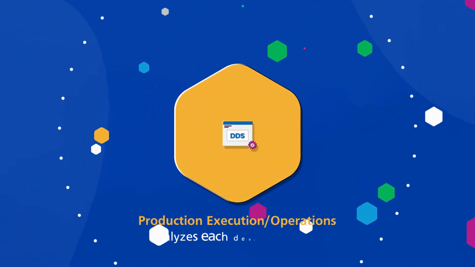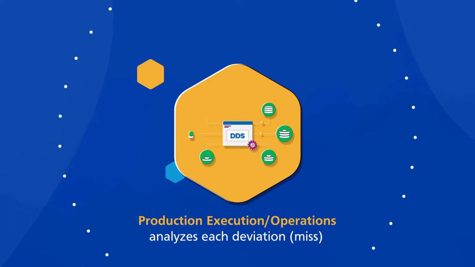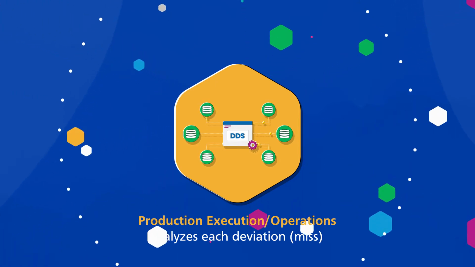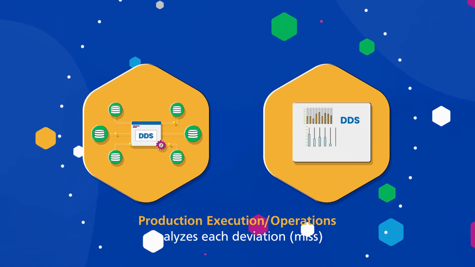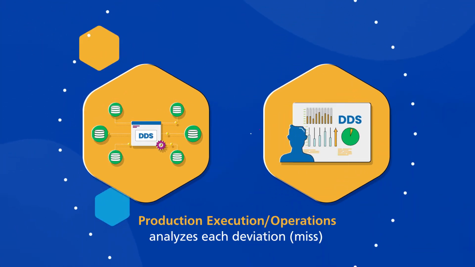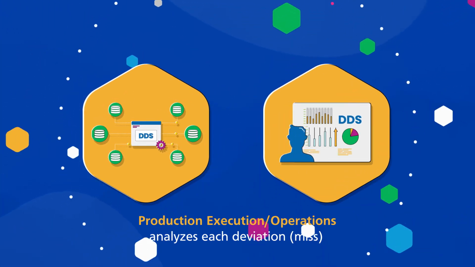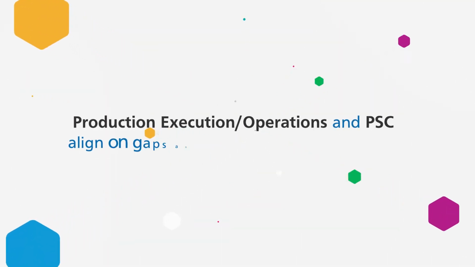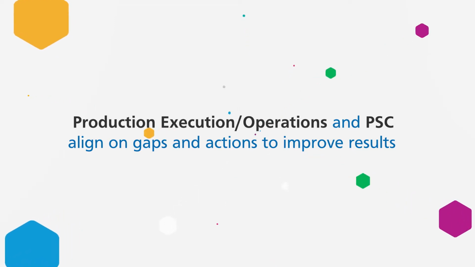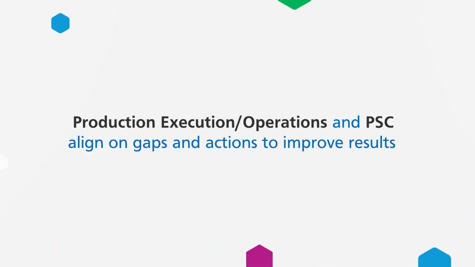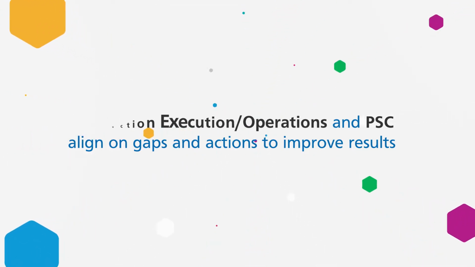Production execution and operations analyzes each deviation or miss detected during the entire DDS cycle and defines root cause and the action plan to fix and avoid reoccurrence via standard PDCA cycle. Production execution and operations revises and aligns with the Planning Service Center on results, gaps, and action on an ongoing basis to work jointly to improve overall performance.